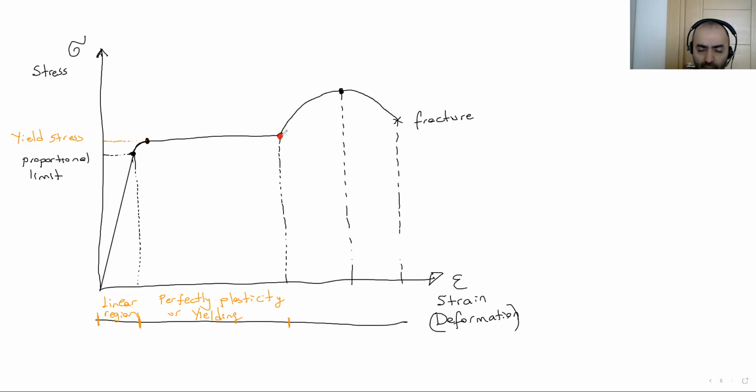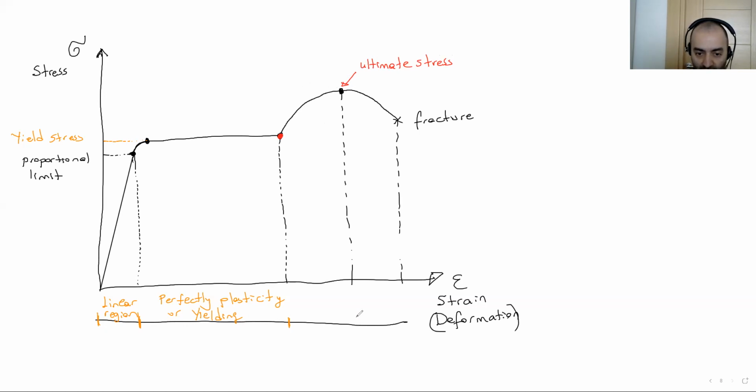But after this point, suddenly my material carries more load. You can see stress increase to a maximum level. This is the ultimate stress. We call this stress increase after yielding strain hardening.